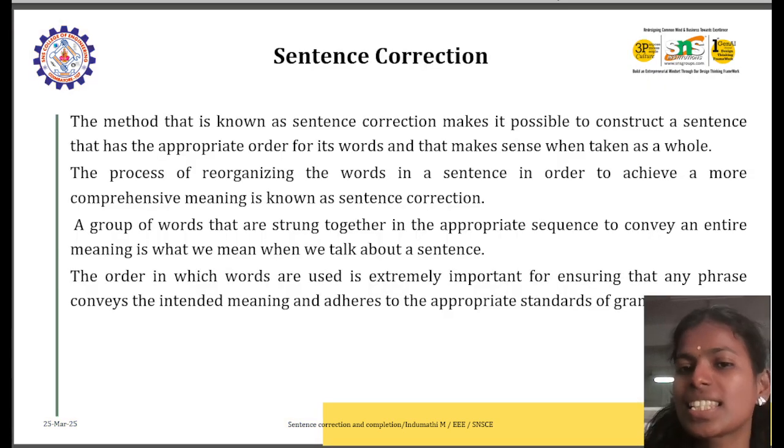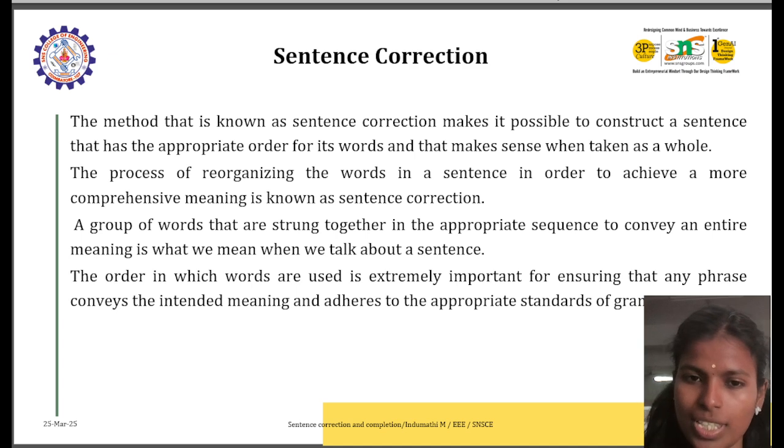The method known as sentence correction makes it possible to construct a sentence that has an appropriate order for its words and makes sense when taken as a whole. The process of reorganizing the words in a sentence in order to achieve a more comprehensible meaning is known as sentence correction.